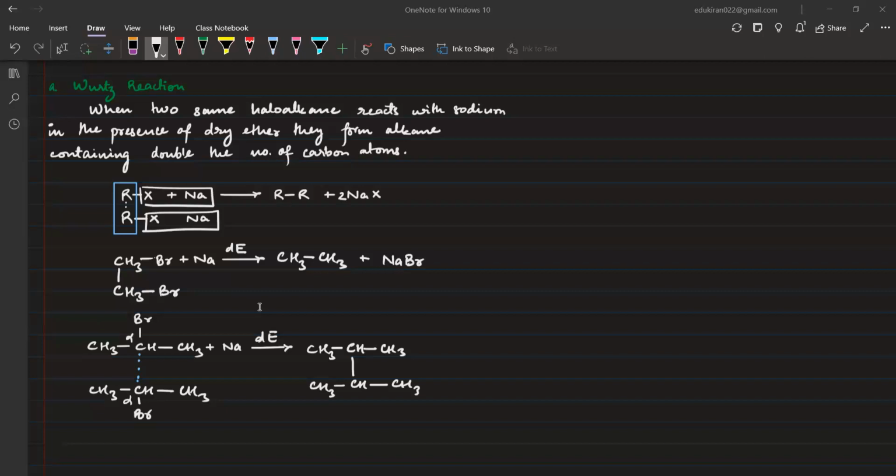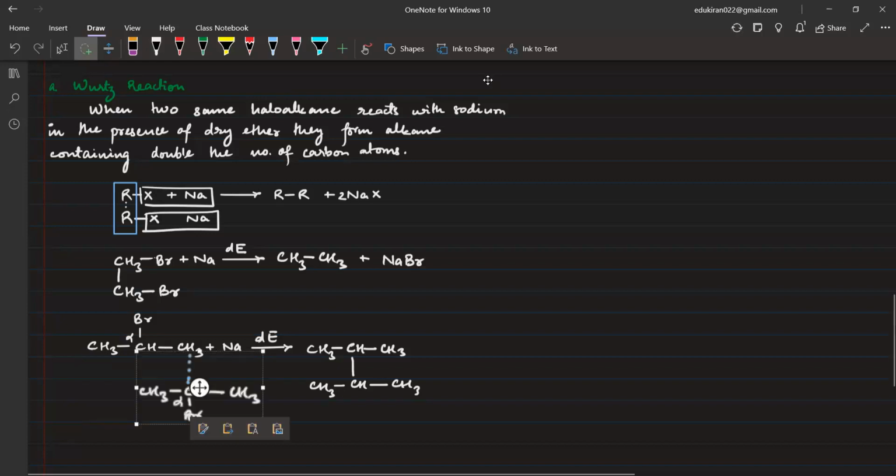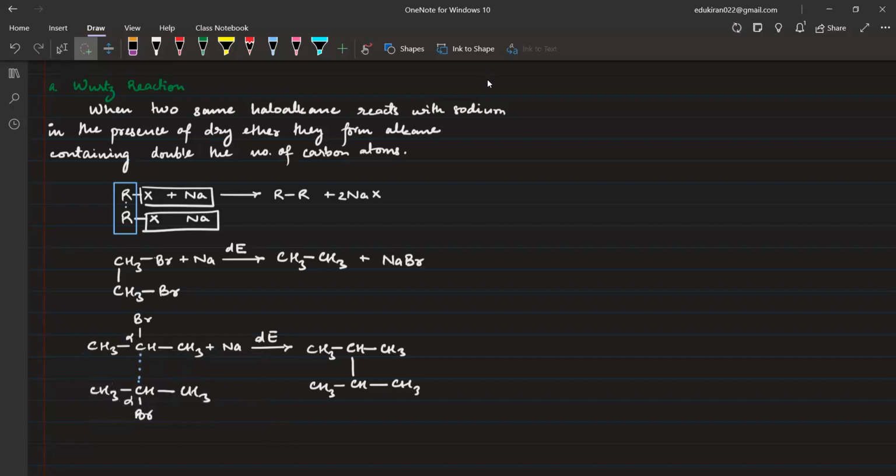So don't focus on 2 sodium. Focus on how to make the product. Please remember, they will only give you this much. You have to draw this part on your own.